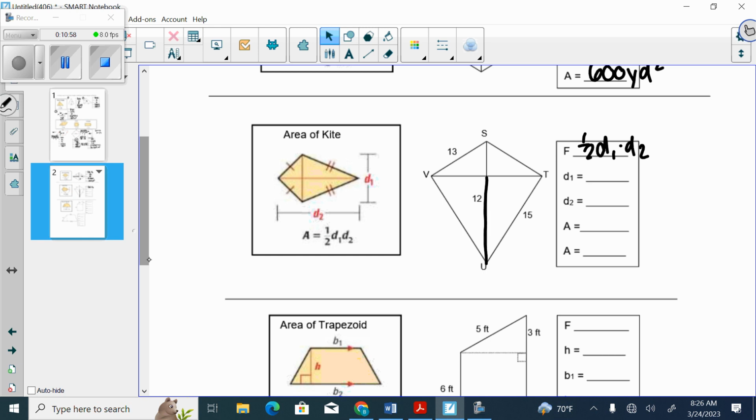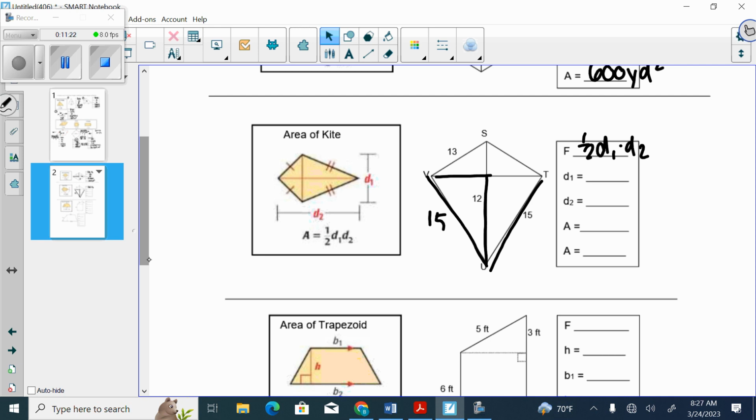But I don't know the top half, and it's not equal, right? It's not something I can double. And I don't know any of the values on this portion here, right? But because this is a kite, if this piece is 15, then what's this piece? 15, good.